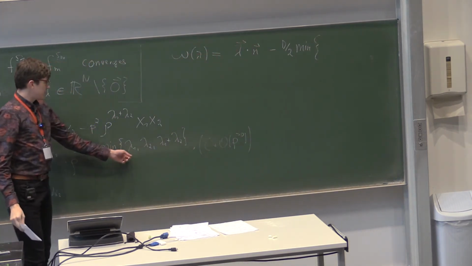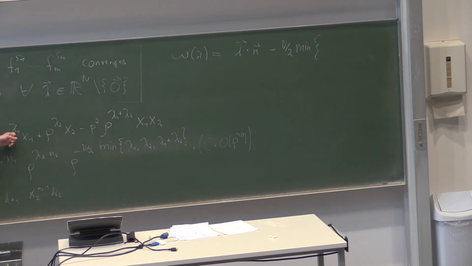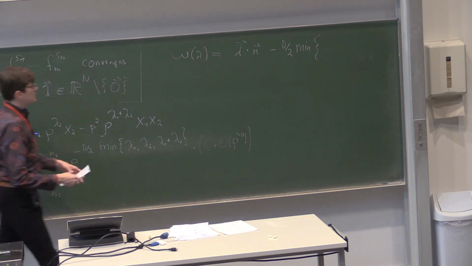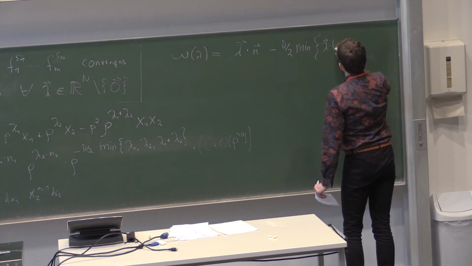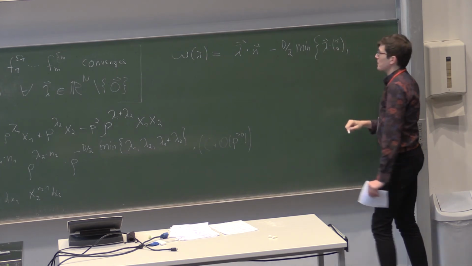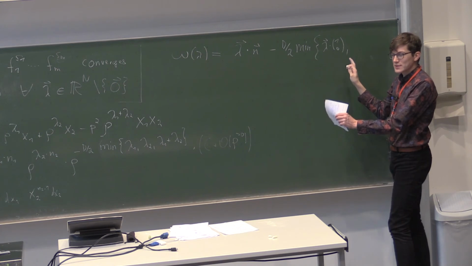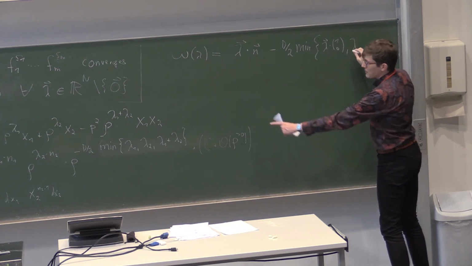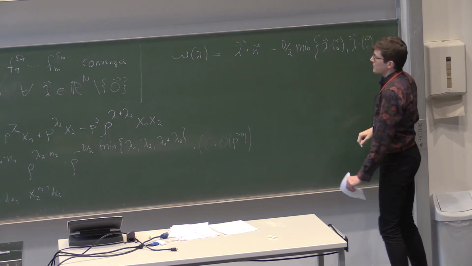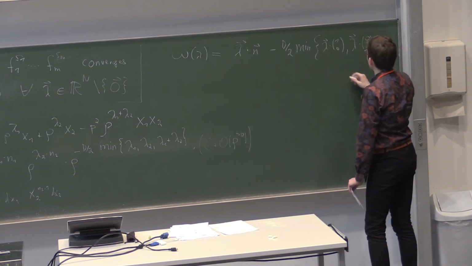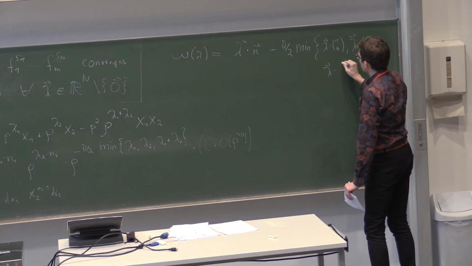So why do we have lambda 1 here? Well, we have lambda 1 because this monomial x1 has exponent 1 and there's no x2. So I could also write this lambda 1 as lambda dot (1, 0). It will make sense why to write this in a second. Now the lambda 2 I could also write as lambda dot (0, 1). And the lambda 1 plus lambda 2, well, that's just lambda dot (1, 1).